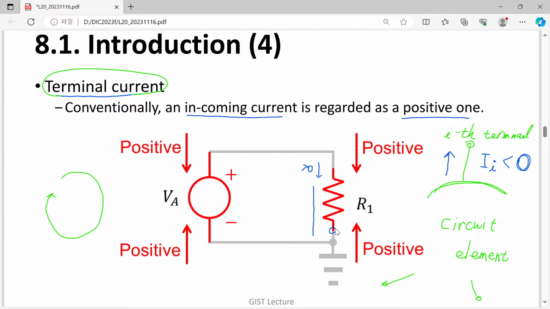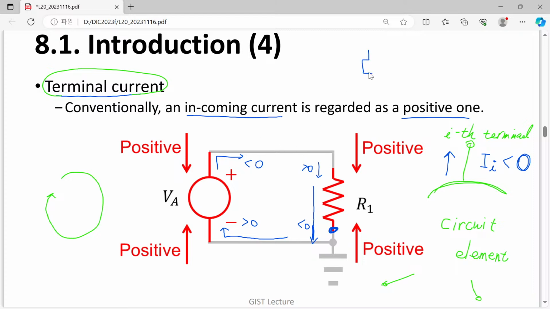And for this lower terminal, actually current is now escaping from the resistor, so it has a negative value. And yes, this one has also a positive value, and this one has a negative. So are you with me? So now we can have different signs. Please note that we have different signs.